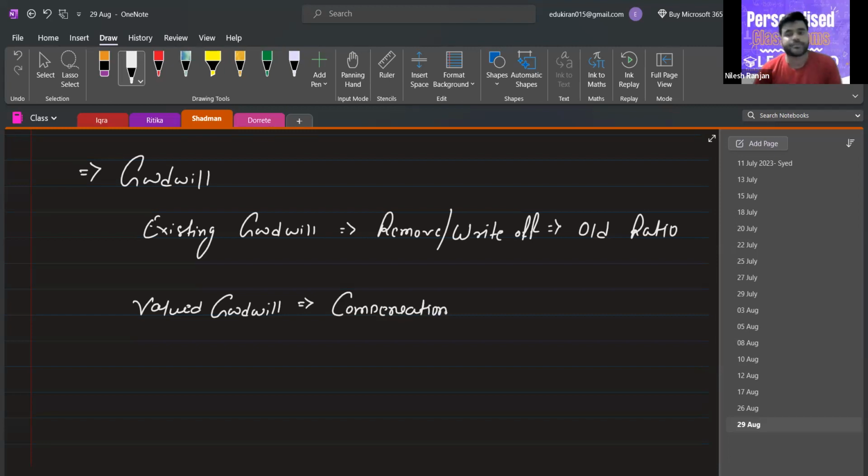Now compensation will be payable by which party, and to whom? Compensation will be paid to the sacrificing partner, and it should be paid in sacrificing ratio.